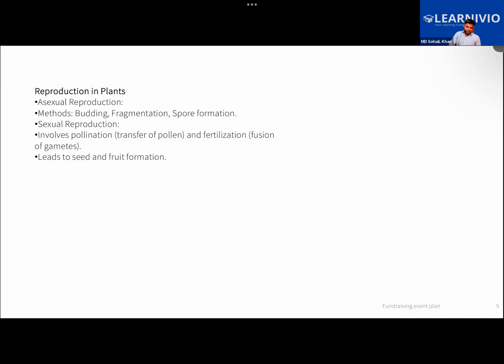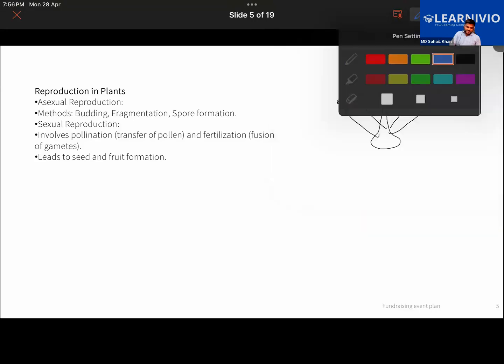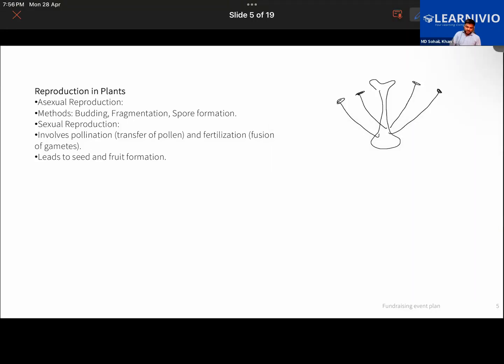A flower has got two parts, no? Pistil and the stamen. Good. So then tell me, the pistil is having how many parts? Is the pistil the male or the female part? Female part.